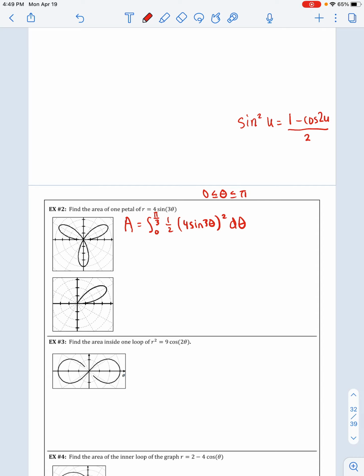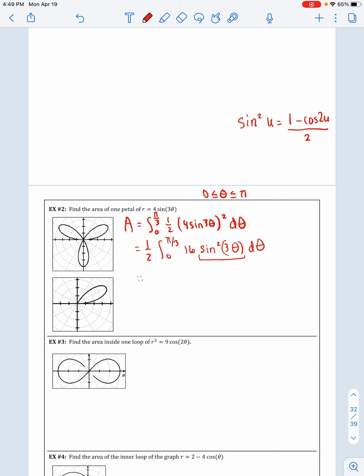And when we multiply this out, you'll see what I'm talking about. So I'm going to bring that 1/2 out in front. Integral from 0 to pi over 3, and this is going to be 16 sine squared 3 theta. Okay, so you're just squaring that. And now this is what you're putting in for your trig identity.